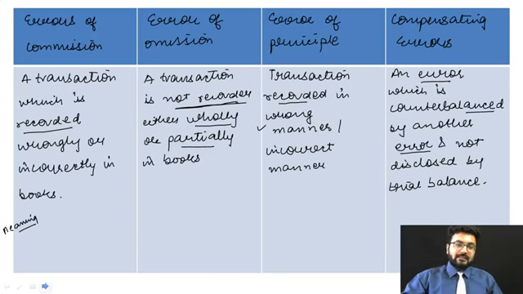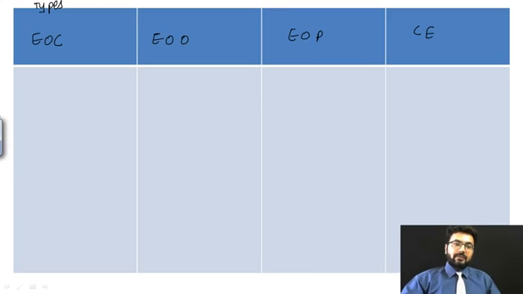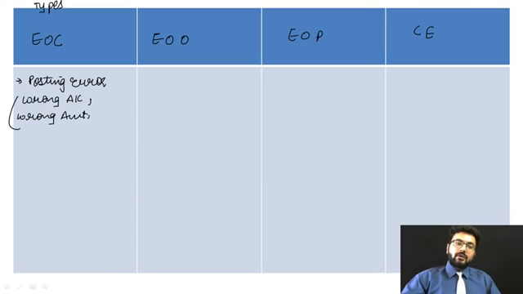Now moving on to next, talking about the types of EOC, that means error of commission, error of omission, errors of principle, and compensating errors. The very first thing is posting error. Posting error refers to a wrong account being used, or a wrong amount, or a wrong side.